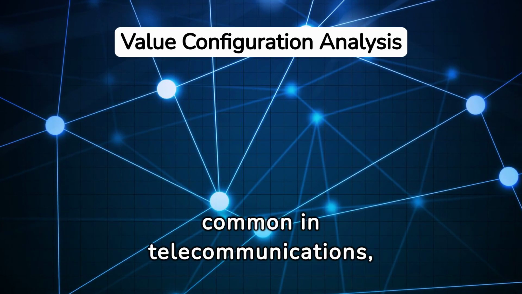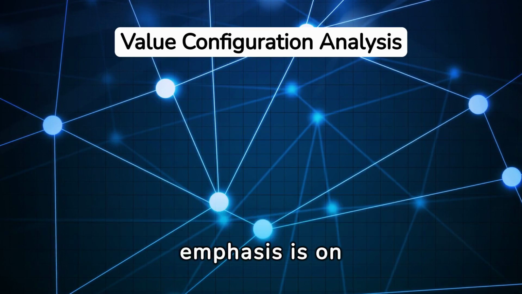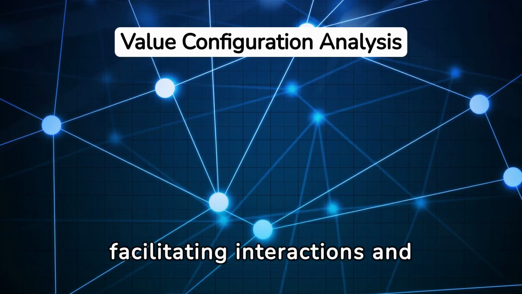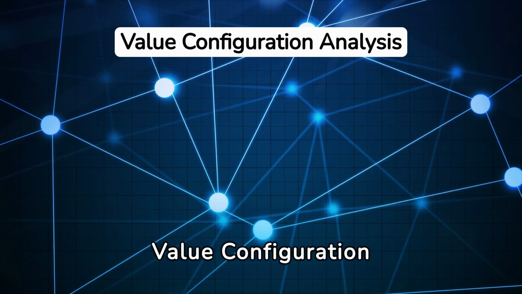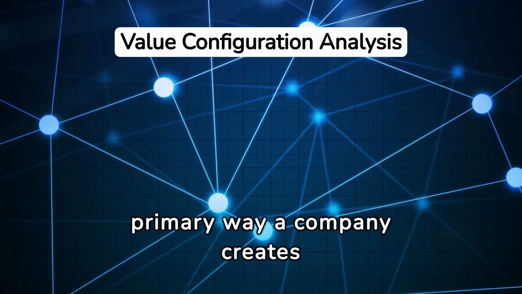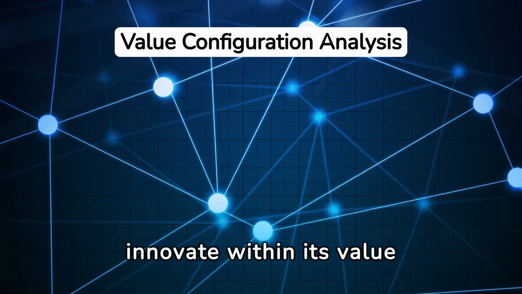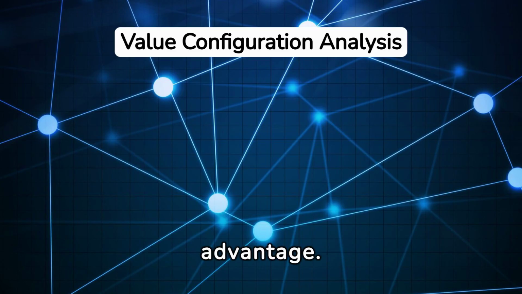This model is common in telecommunications, platforms, and network-based businesses, where the emphasis is on facilitating interactions and transactions. Value configuration analysis helps identify the primary way a company creates value and guides strategic thinking about how to optimize and innovate within its value configuration for competitive advantage.